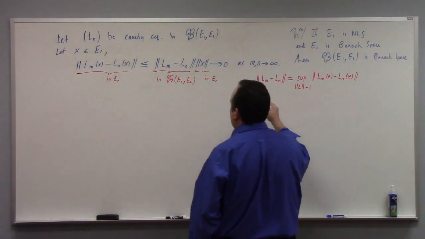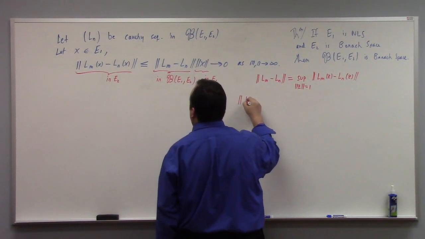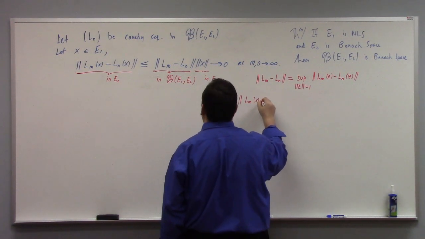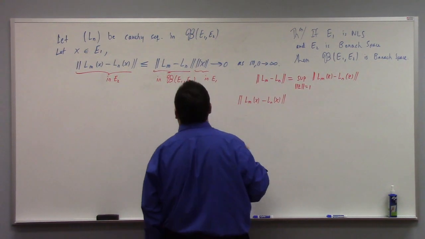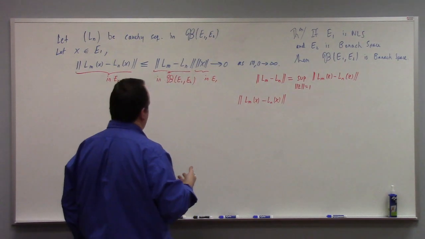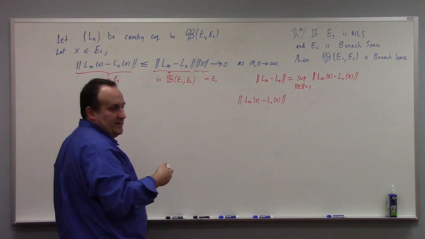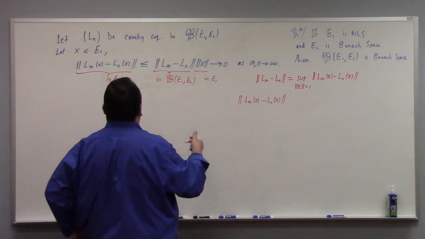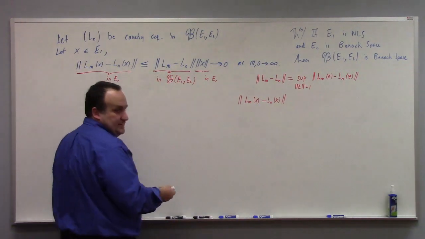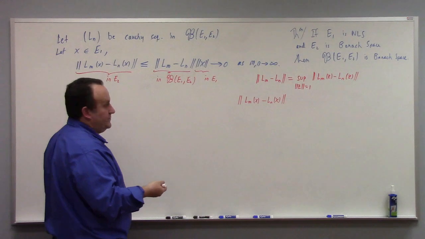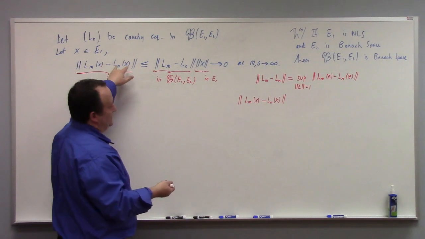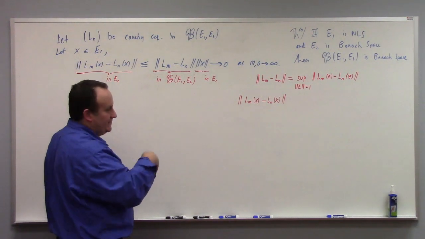So if we look at the norm of Lm of x minus Ln of x, we can reasonably assume that if x is equal to 0, this is true, because this is 0, that's 0, and 0.